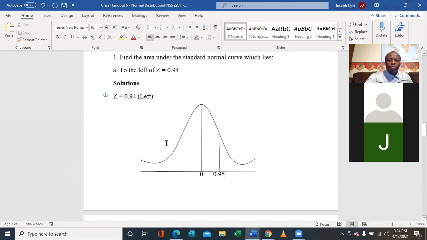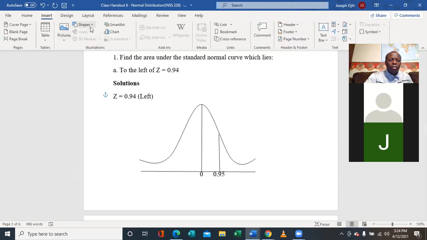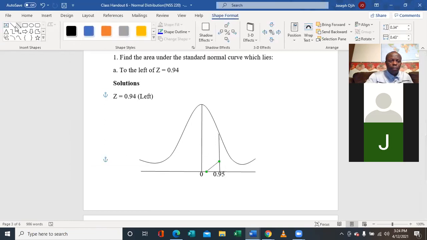So that means we're gonna shade. We're looking for everything on the left side, from here to the left. So I'll start from here to shade it. If you know how to color things, it becomes easier. This is the area we're looking for.